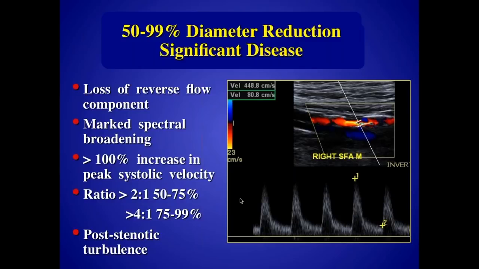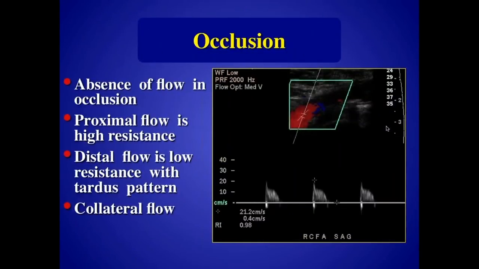One of the other significant factors that you can look for to confirm it's a flow-reducing lesion is by continuing to move the sample volume into the poststenotic area, and you will see poststenotic turbulence. And I'll show you some examples of that.